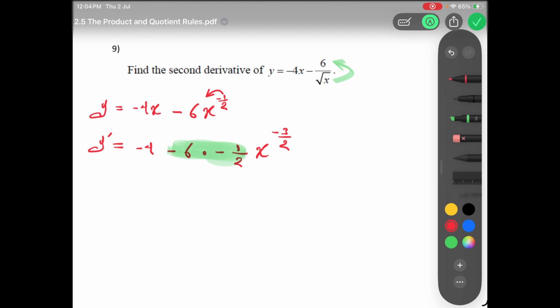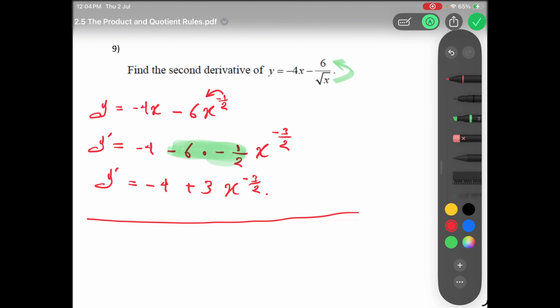So y prime will be minus 4 plus 3x to the power of minus 3 over 2. This is one solution, but this is not the only one.